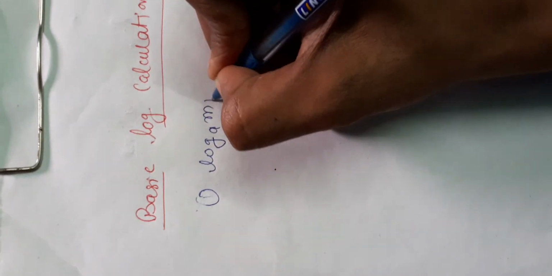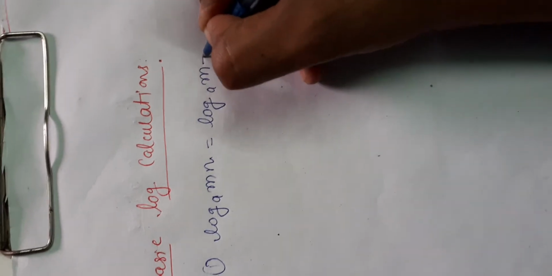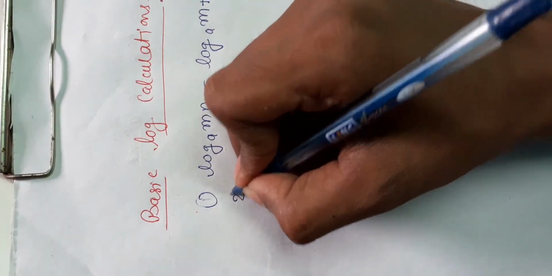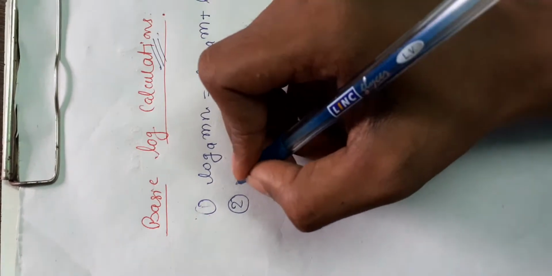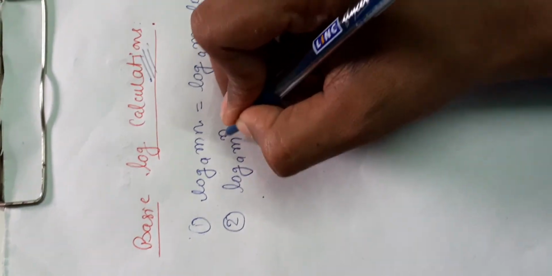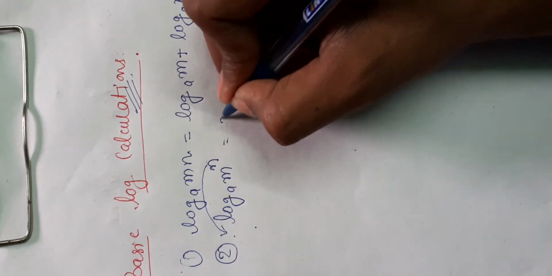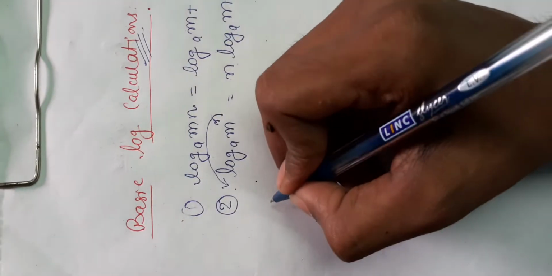First, log of mn to the base a is equal to log a m plus log a n. By using this formula we can do calculations. Okay, so log a of m raised to the power n, the n comes here, it will become n log a m.